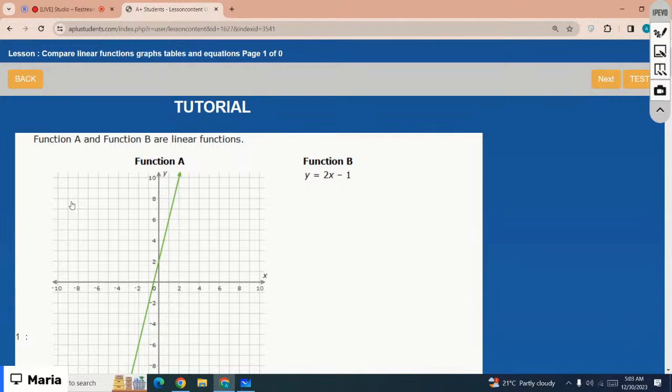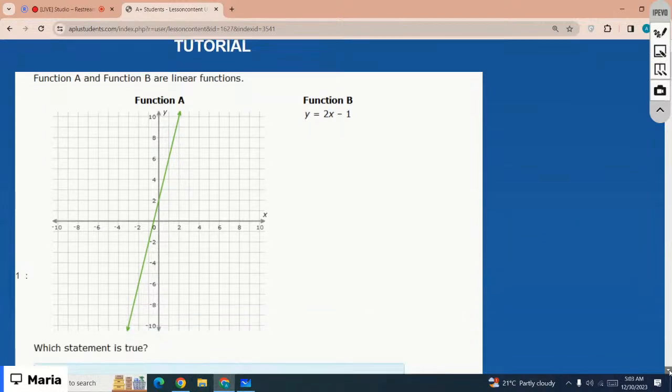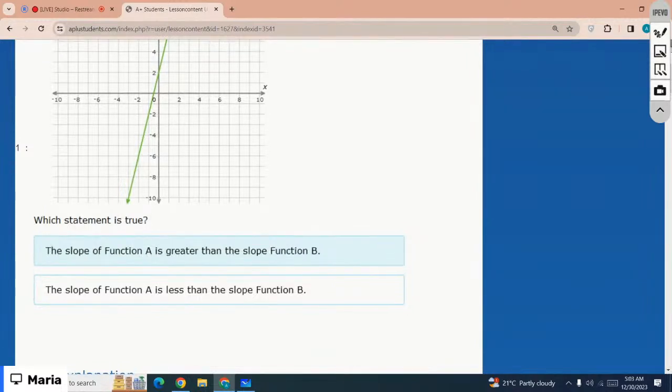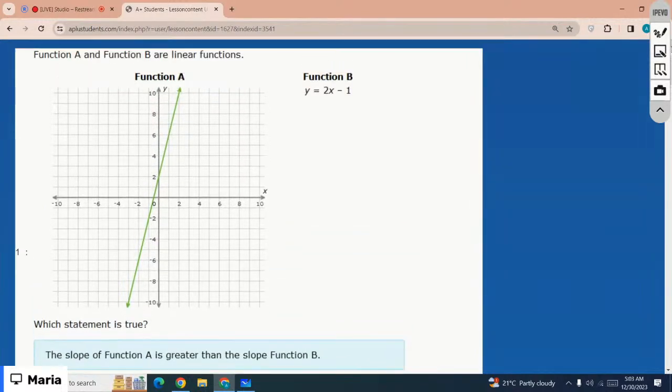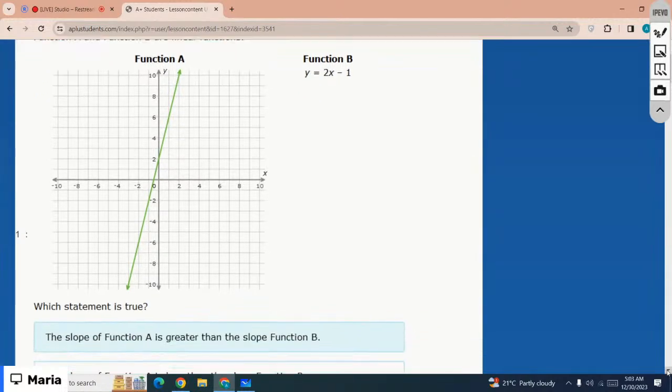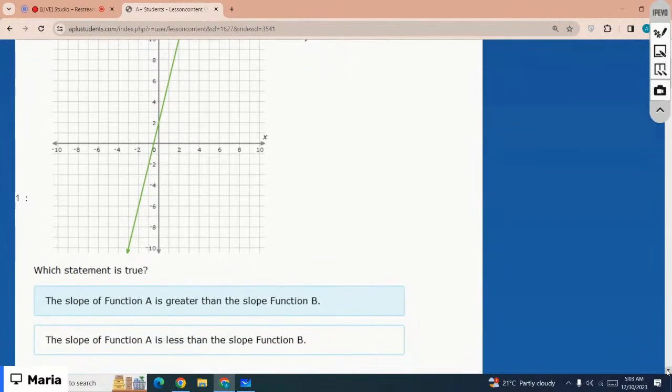And the other thing is, you have to see function A and function B are linear. What you have to see? You have to see which statement is true. The slope of function A is greater than slope of function B, or the slope of function A is less than function B. So the question is about the slopes of both the graph and the equation.